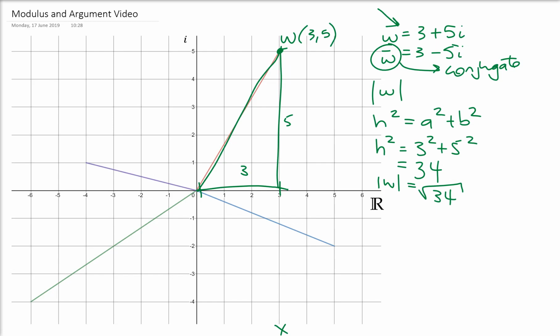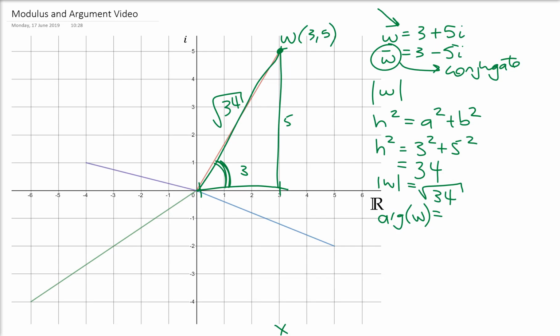Then all we needed to do next was find this angle just here, because that's our direction. Again, it's just trigonometry. The argument of W is, how can we find the angle? Trigonometry.